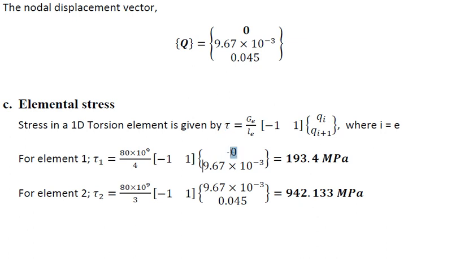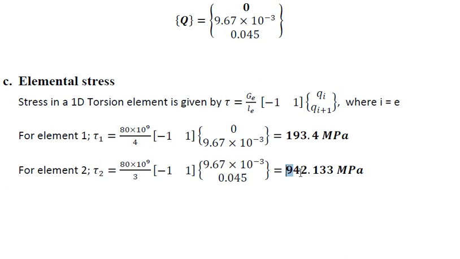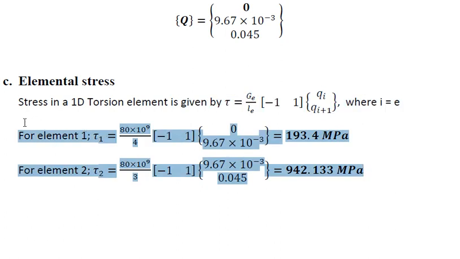Pi 1 is 0 because it is fixed. Pi 2 I have to write here. So I got 193.4 megapascal, megapascal because of the units we have taken, and tau 2 as 942.133 megapascal. So you should be very careful with units and calculations.